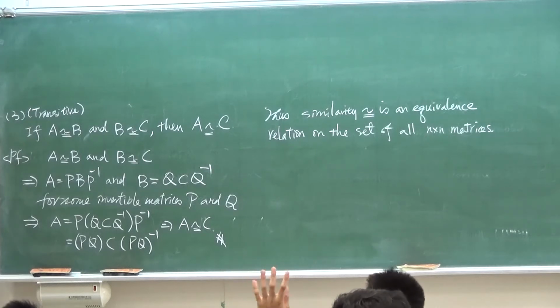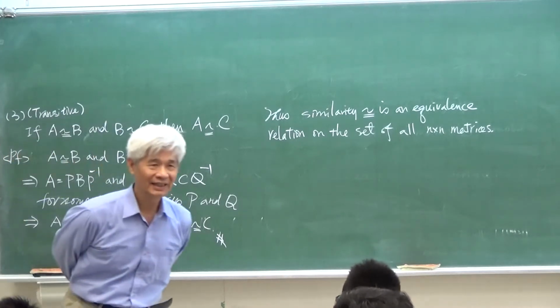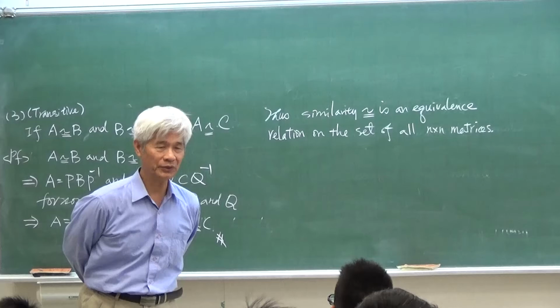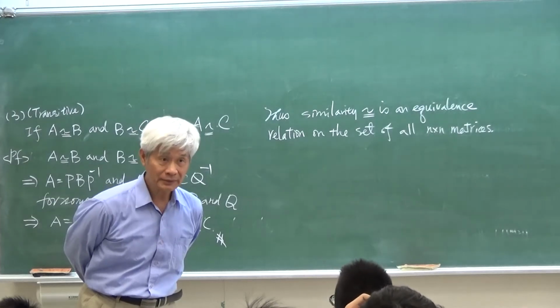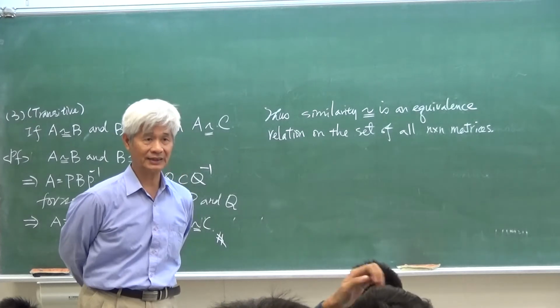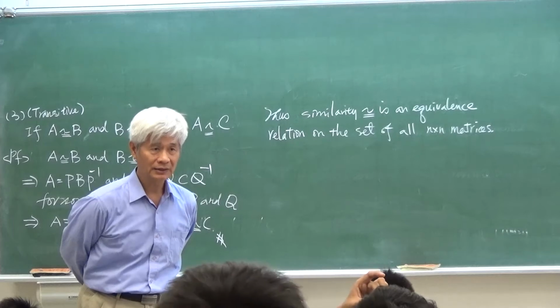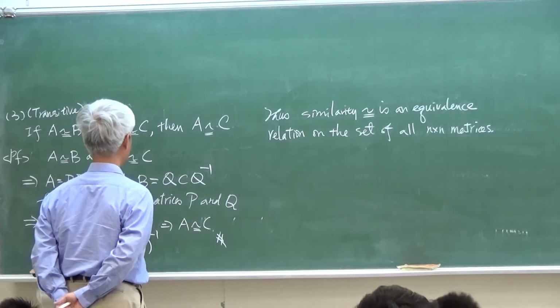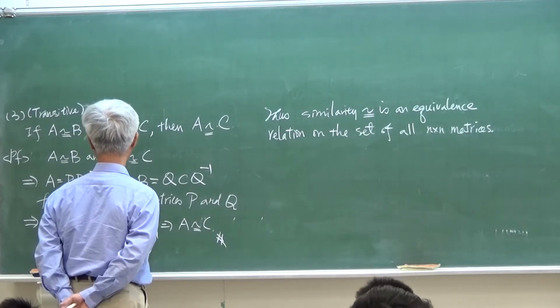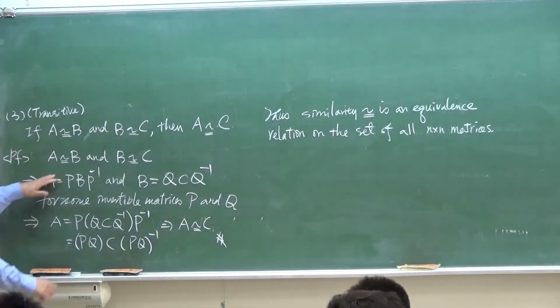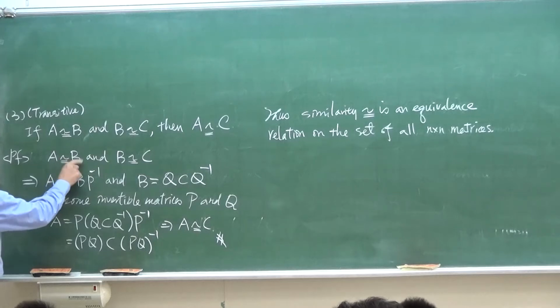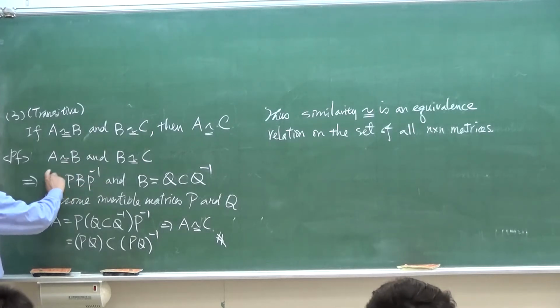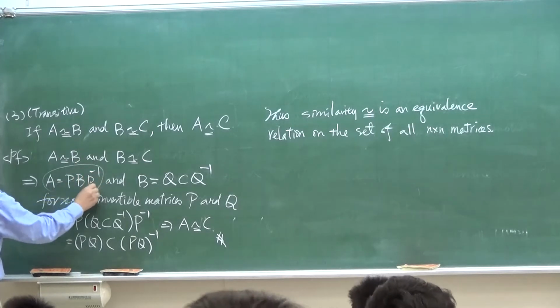Other questions? Yes. The student asks about row equivalence. Different, yeah, they are different notions. Because first here, we say A is similar to B, right? Because they can be related in this way.